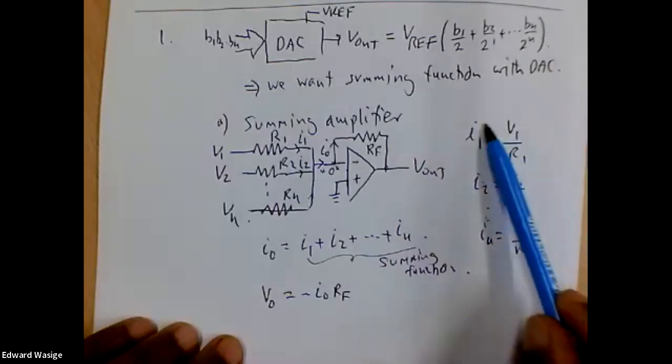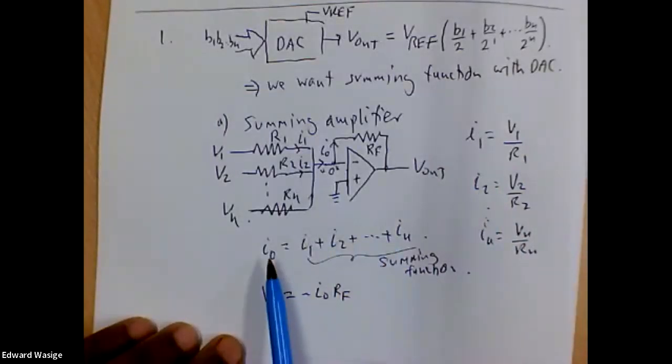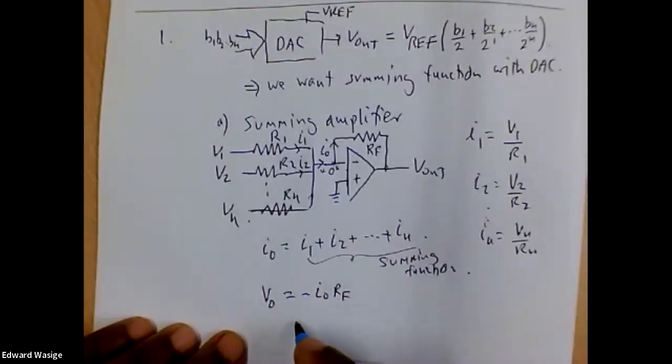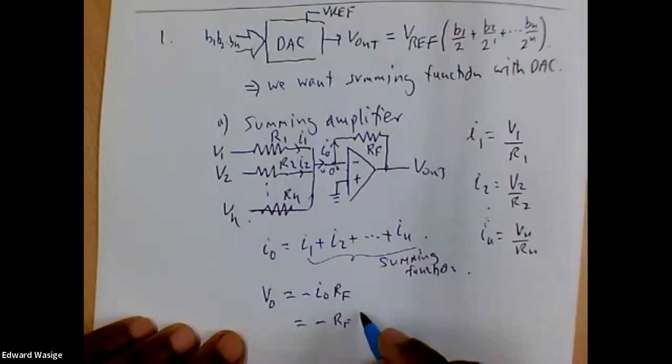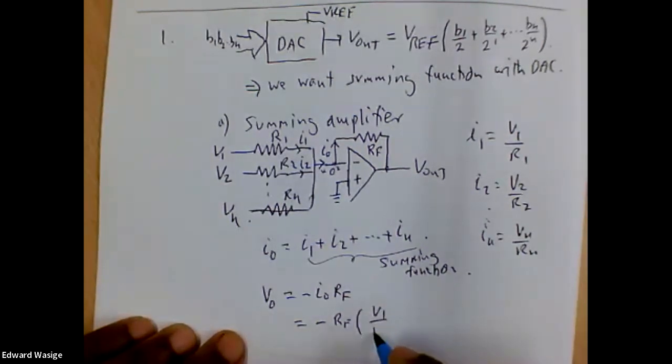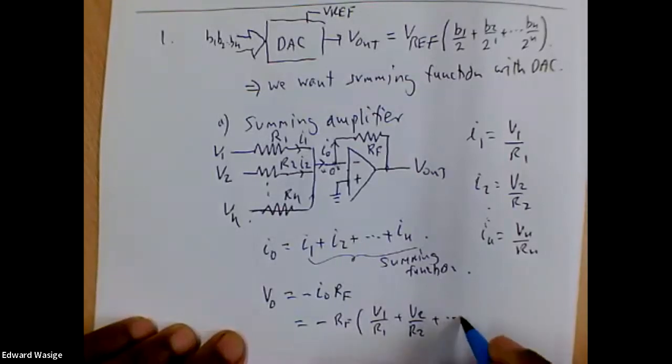If we put this into that expression and put that into this, we'll see that V out is equal to minus RF into V1 over R1 plus V2 over R2 plus Vn over Rn.